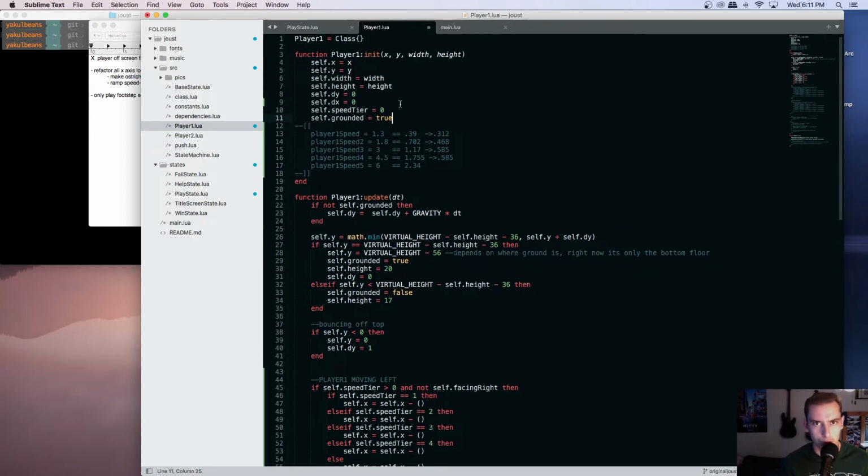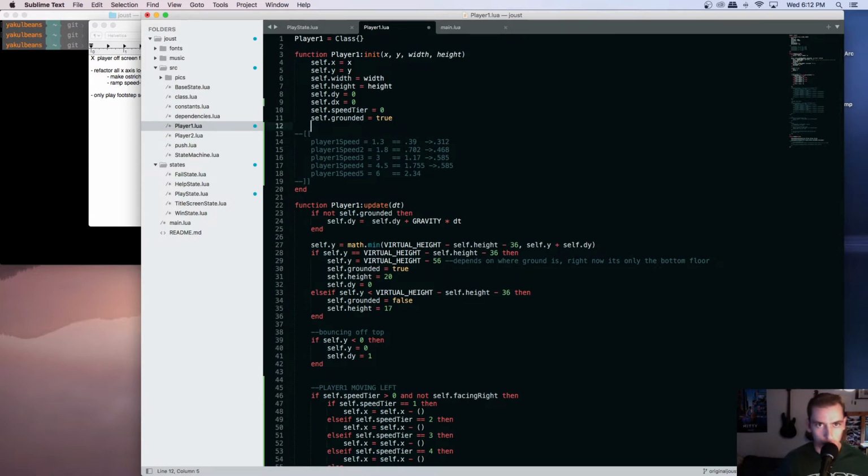I think it should be a global, well, shoot. So in Lua, what I'm thinking is I just want variables to be equal. Like speed 1 is this, speed 2 is this, speed 3 is this. I guess I can just define those variables not in terms of self, but just define them.